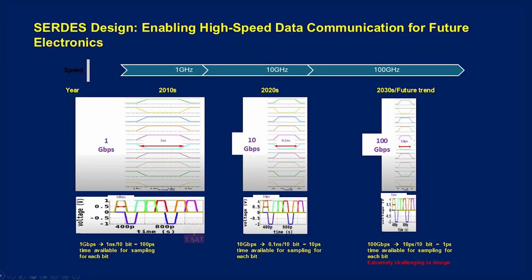Once we move from 10 to 100, as you can understand, this is even more challenging. We have a very constrained time period. Earlier we had enough time, and in that time we could do whatever processing we wanted.